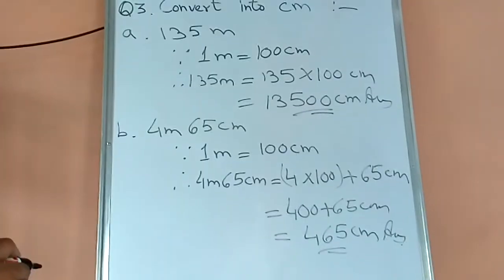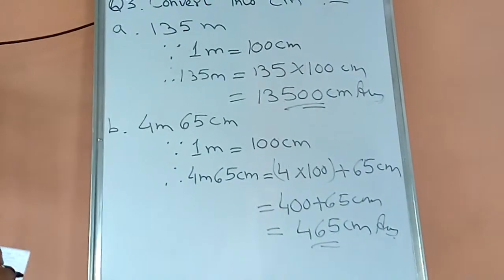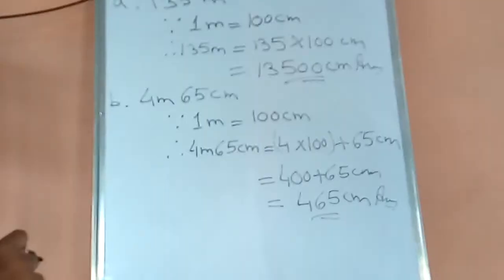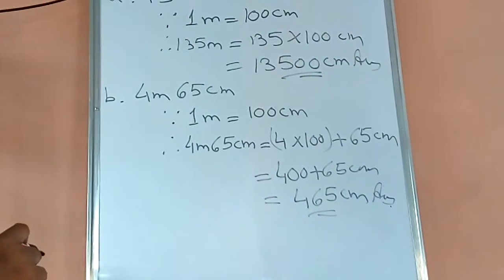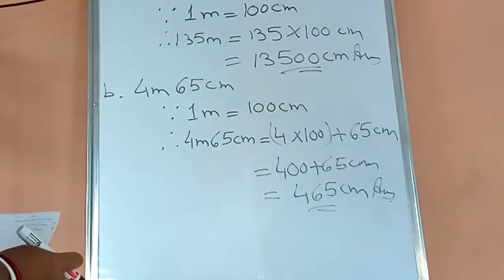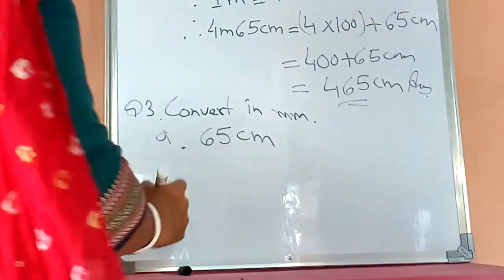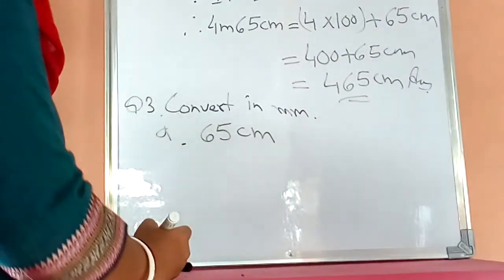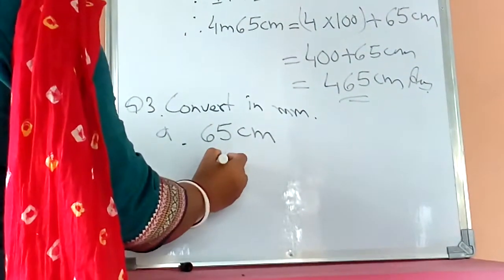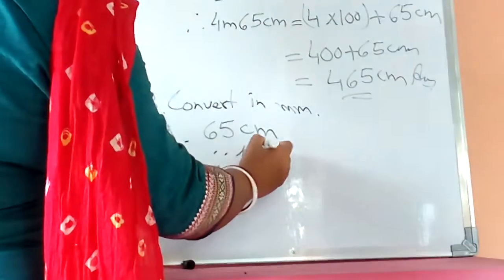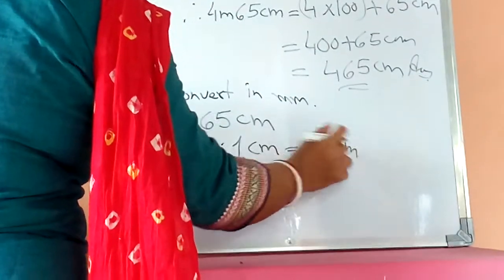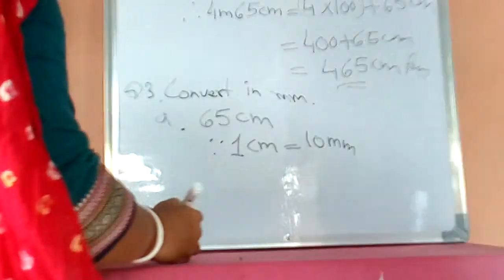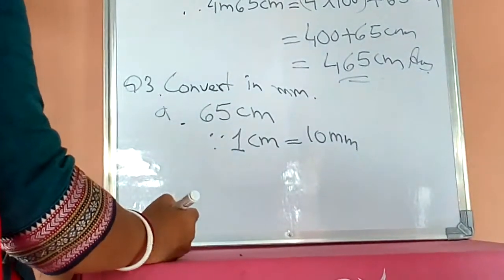One more conversion we will do, convert into millimeter. Okay, from centimeter to millimeter. Now centimeter is given, you have to change it into millimeter. So what will you write? Since 1 centimeter is equal to 10 millimeter, because just after centimeter it is the millimeter.